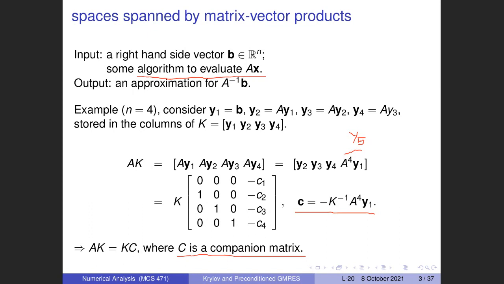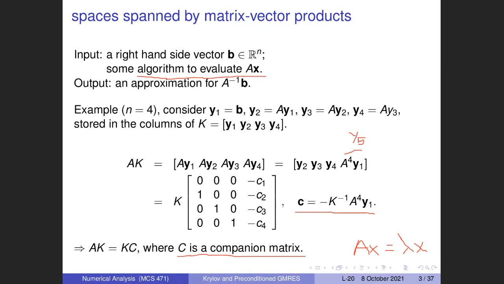Remember the eigenvalue problem. An eigenvalue, eigenvector pair is a pair of a vector and a number where multiplying the matrix by the vector gives you a multiple of the vector.